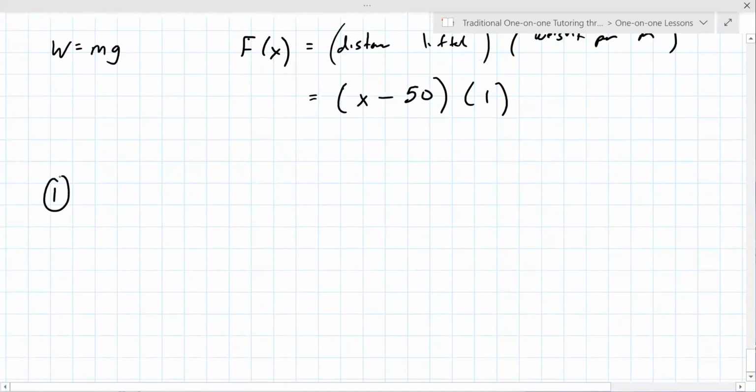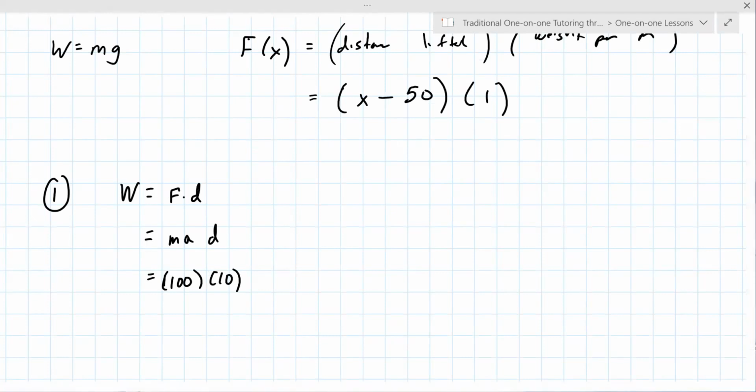The first thing they're showing you is that work is force times distance, and your force is mass times acceleration times distance. So when you're pulling your friend up, your friend's mass is 100. The acceleration is 10.